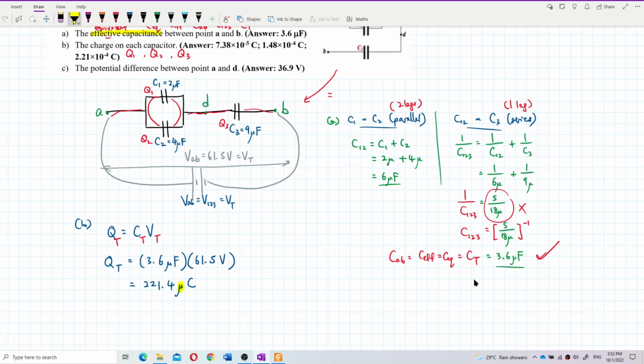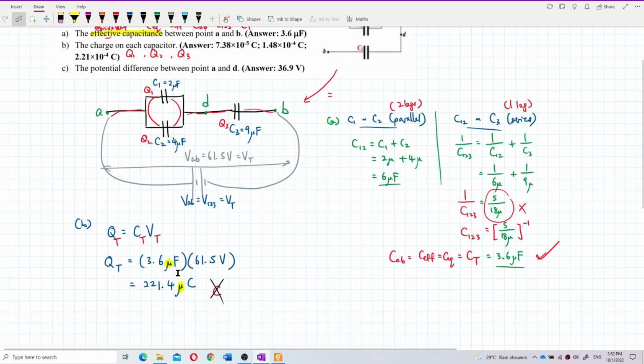Why do I have a micro here? Why not just coulomb? It's wrong, because your farad got micro. It's microfarad, not just farad. That's why your coulomb is microcoulomb. Understand?